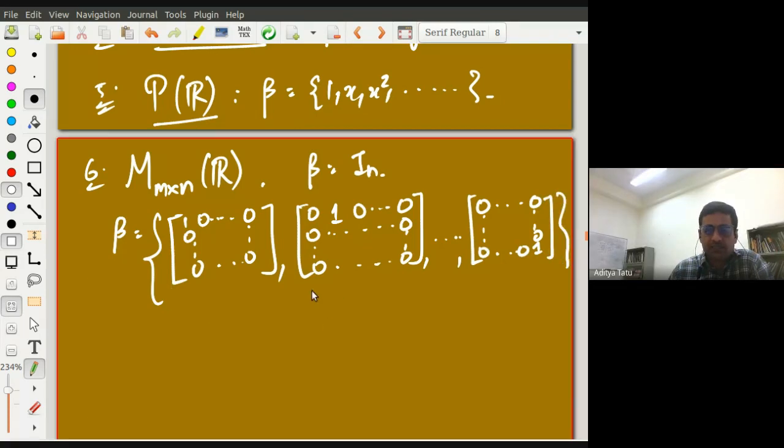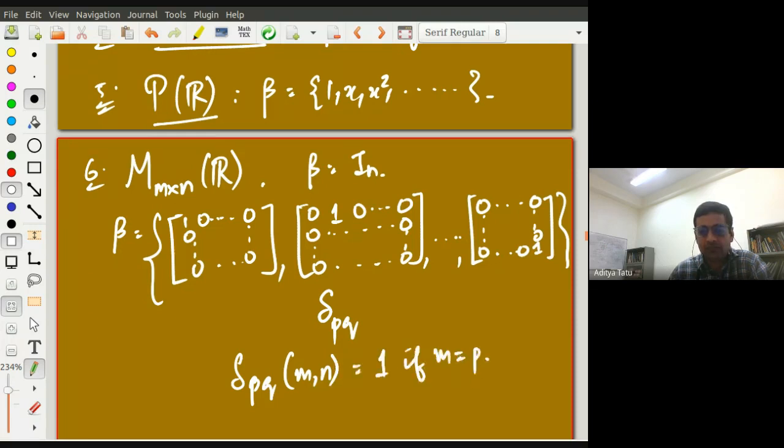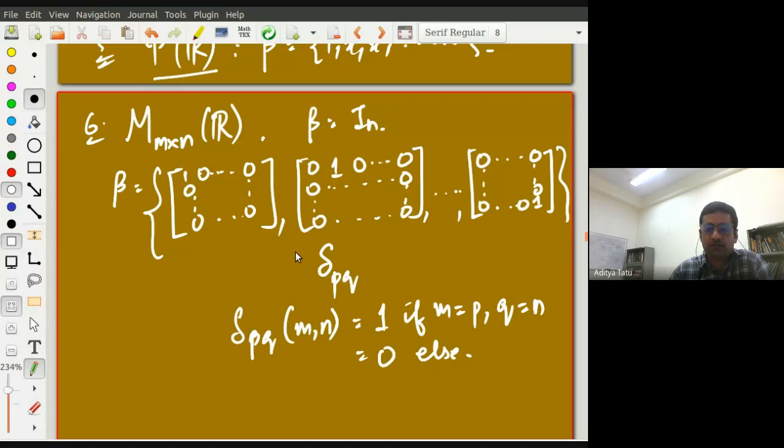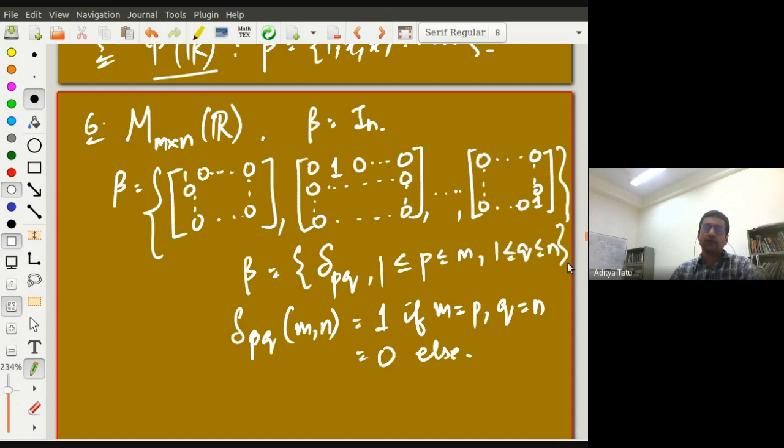These matrices in general will be denoted by delta PQ, where delta PQ (m, n) is equal to 1 if m is equal to p and q is equal to n, otherwise 0. Set p, set n, set q, set n.